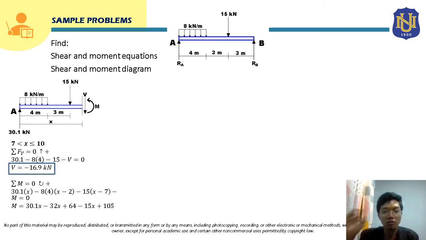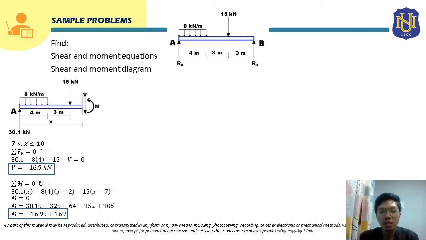So we can simplify this further by combining like terms: 30.1x minus 32x minus 15x will be negative 16.9x. And for the constant, 64 plus 105 is 169. So this will now be the moment equation for the segment from 7 to 10.